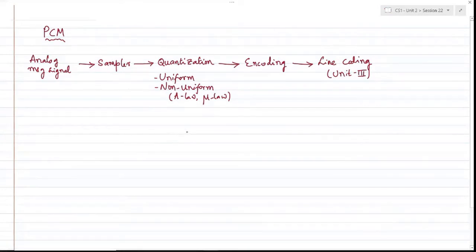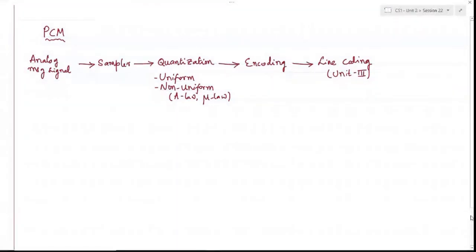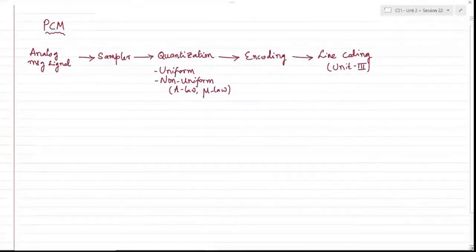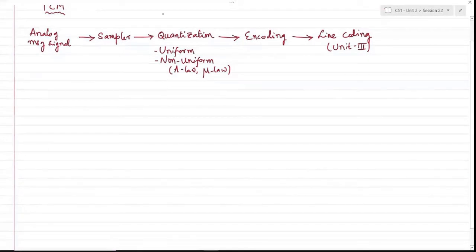It will just decode with the quantization error included. But the recovered message signal will be a close approximation of the actual message signal which is transmitted. So our job is to reduce this quantization error or quantization noise, so that the receiver will demodulate an analog message signal which is very close to the transmitted signal.